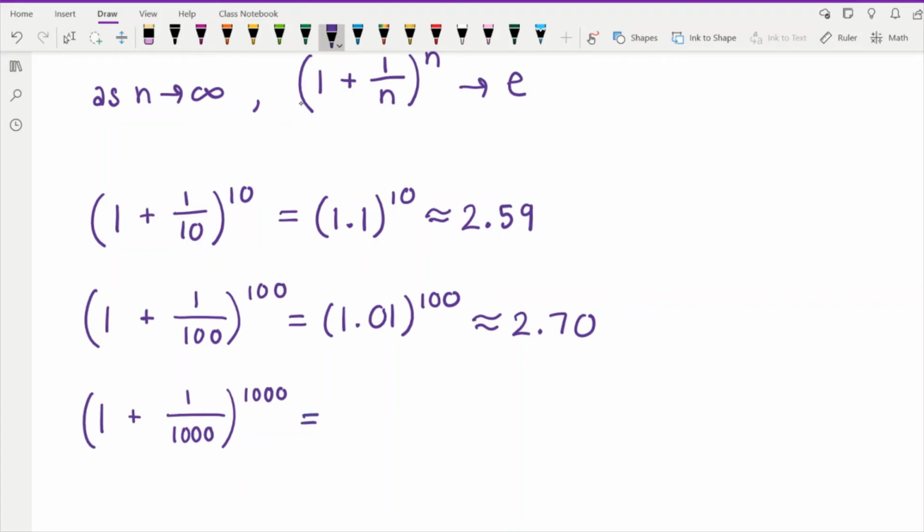Now if you do the same thing with 1,000, that's 1.001 to the 1,000th power. Now you're taking a number that is really, really close to 1 and multiplying it with itself 1,000 times, and you'll find that it's approximately 2.72, which is getting really close to e.